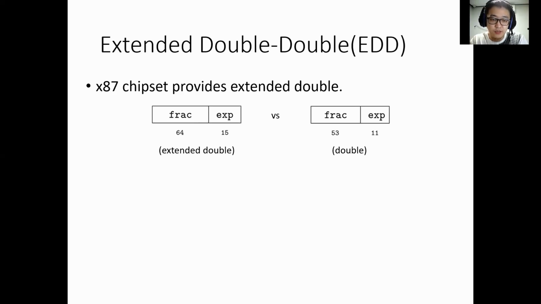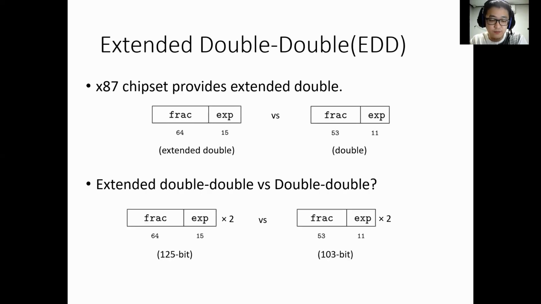That looks like the left figure. As the name says, it is a slightly extended version of double, providing 11 more bits of precision. So we wondered if this extended double gives us some more gain over the double-double.